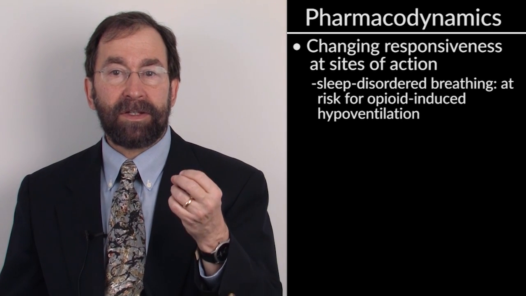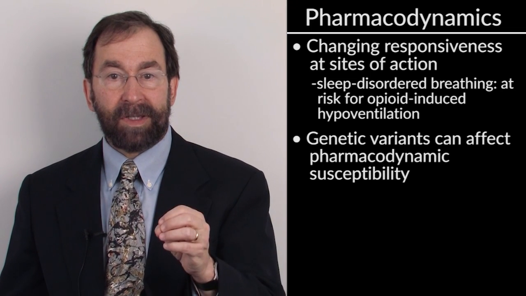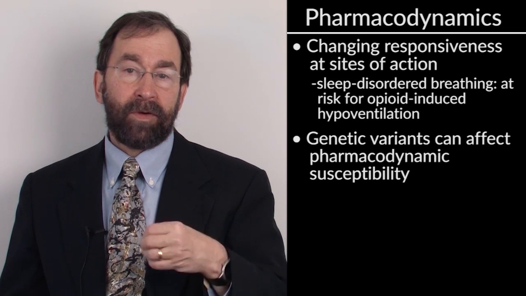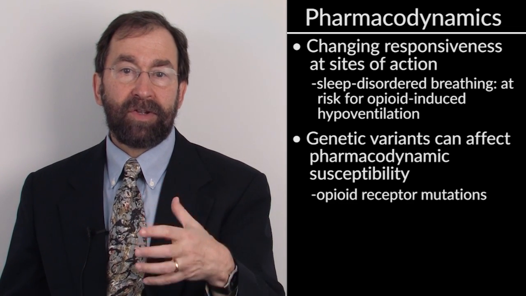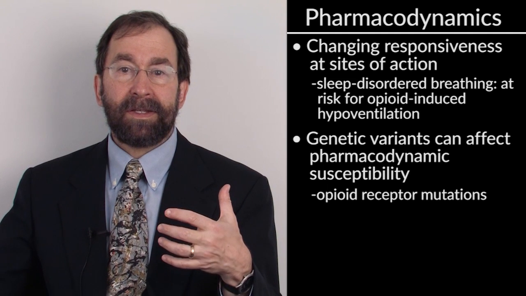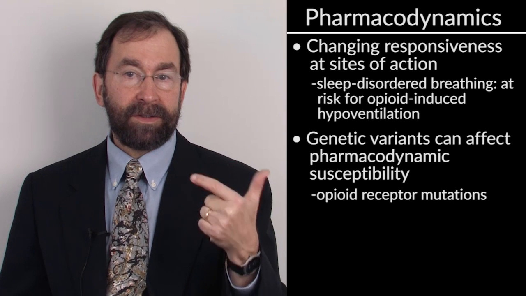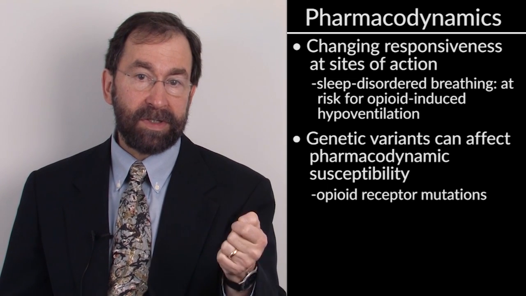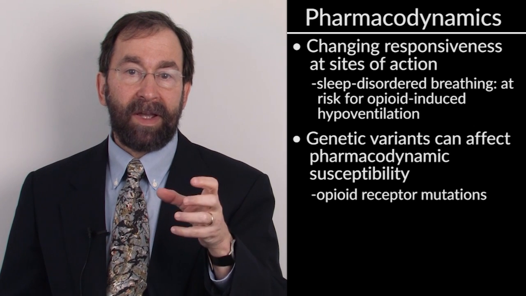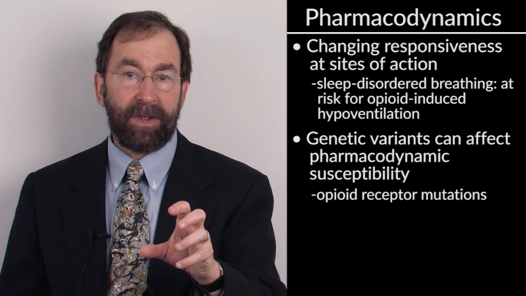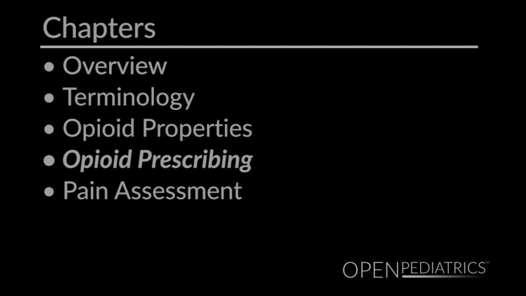Increasingly, we're recognizing genetic variants that either increase or decrease pharmacodynamic susceptibility to opioids. For example, there are mutations that affect the opioid receptor per se that change susceptibility. It is likely that in the future, screening for these variants and providing clinical decision support around how to adjust dosing will become inexpensive and rapid, and hopefully will have good positive and negative predictive value, and thereby become a routine part of improving our practice.